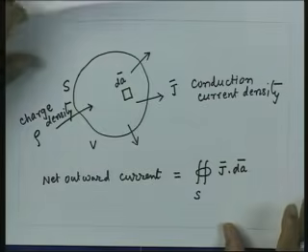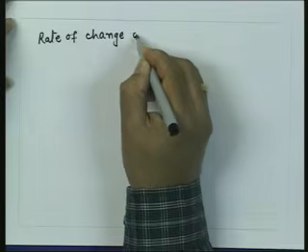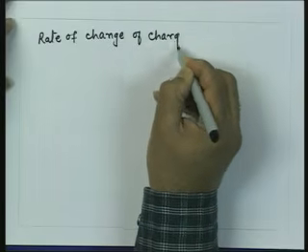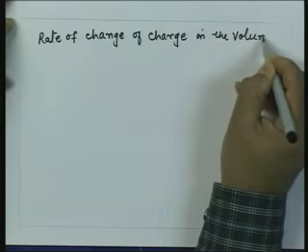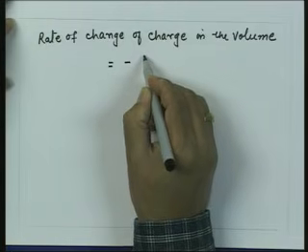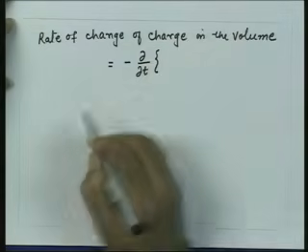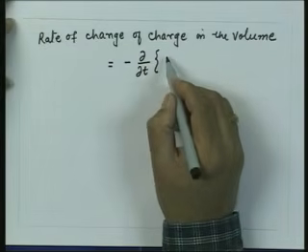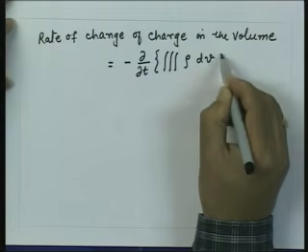So, if I take now the rate of decrease of charge, rate of change of charge, in the volume, that quantity will be equal to minus d by dt for rate of change, of the total charge enclosed in this volume. So, that is the triple integral rho into dV.